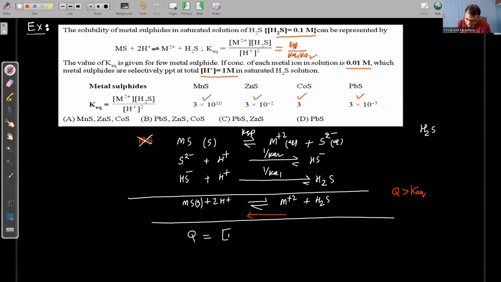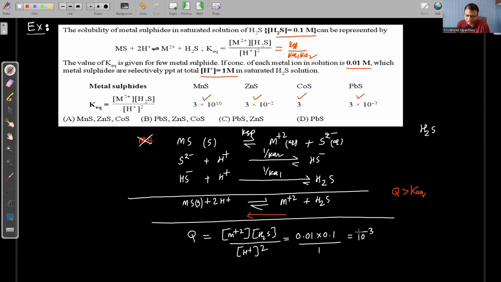It is the concentration of metal 2 plus ion, times concentration of H2S, upon concentration of H plus ion whole square. All metal ions have the same concentration, 0.01, and all are present in saturated solution of H2S, so its concentration will be 1. And in all these systems, the H plus ion concentration is equal to 1. For all these solutions, the reaction quotient is 10 to the power minus 3.